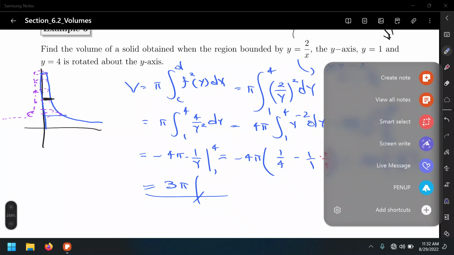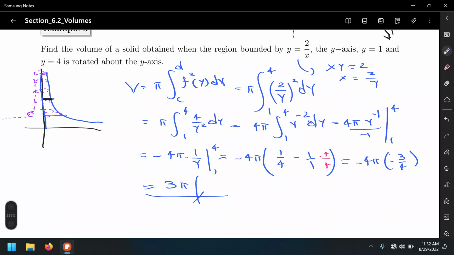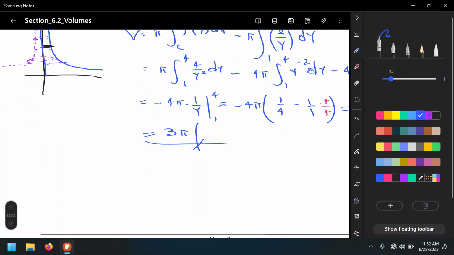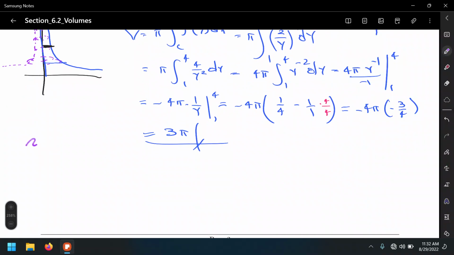Yes? So can we simply swap 1 and 4 up and down so that we can eliminate? Yes, that's one of the properties of integrals. When you have the integral from a to b of f of x, this is the same as saying the integral from b to a of f of x dx, with a negative sign in front.